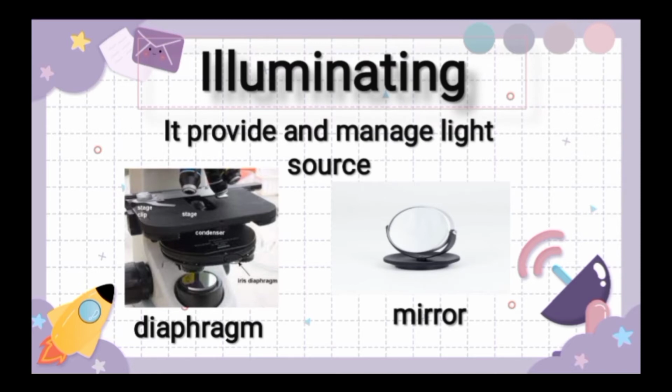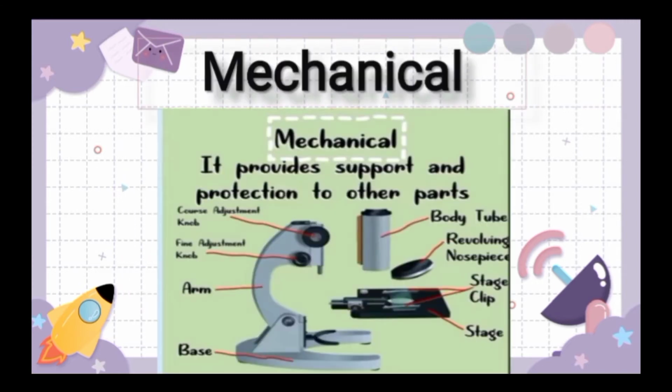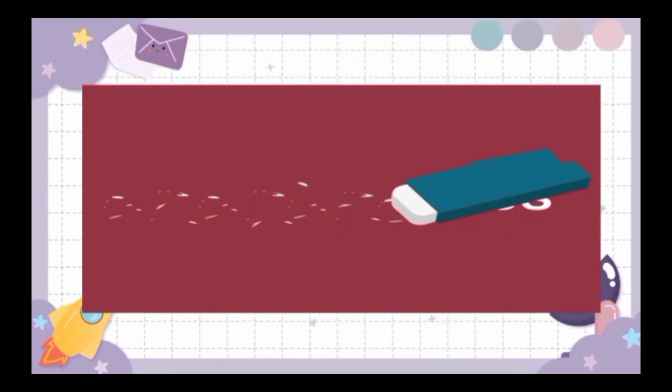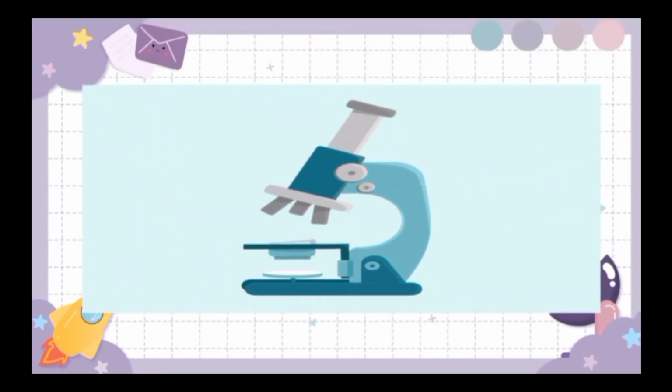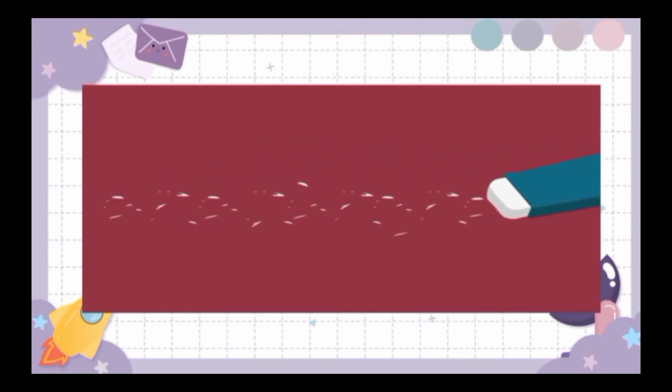It includes the diaphragm and the mirror. On the other hand, the mechanical parts provide support and protection to the other parts of the microscope. It includes the coarse adjustment knob, the fine adjustment knob, the stage and the stage clip, the arm, the base, the revolving nosepiece, and the body tube. Now, let's elaborate the functions of each part of the microscope.